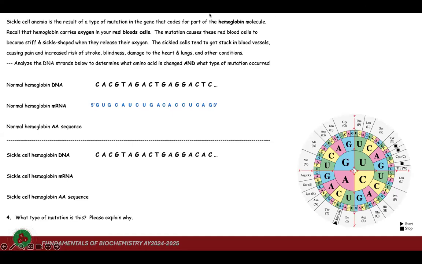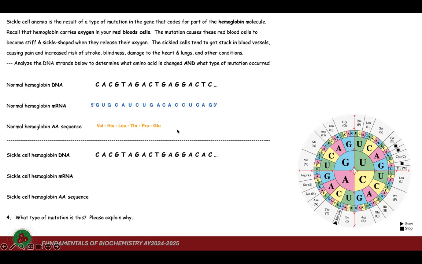And then let's look at the amino acid sequence. So for the amino acid sequence, GUG is valine, followed by CAU, CAU is histidine, followed by CUG, CUG is leucine, ACA is threonine, CCU is proline, and GAG is glutamate.